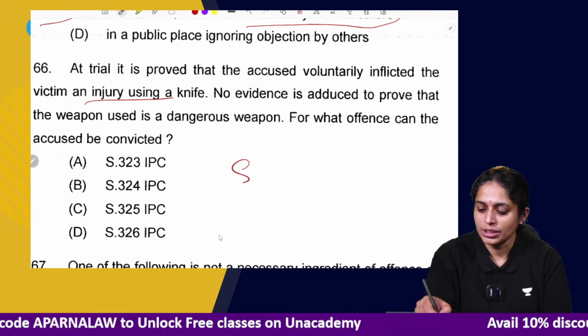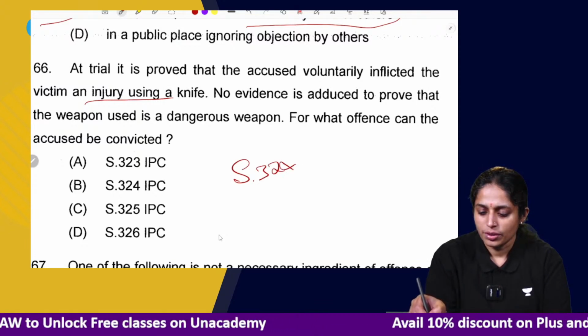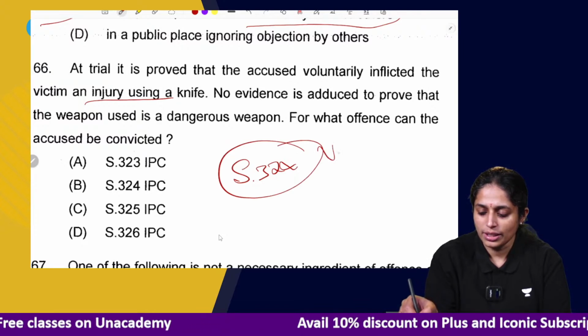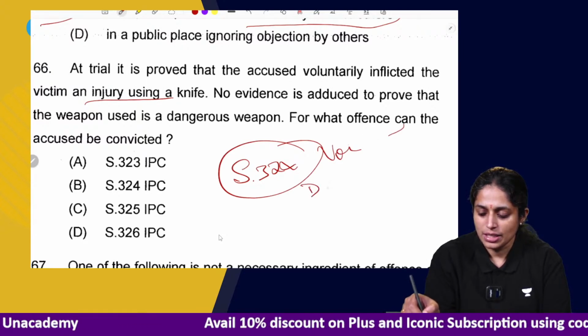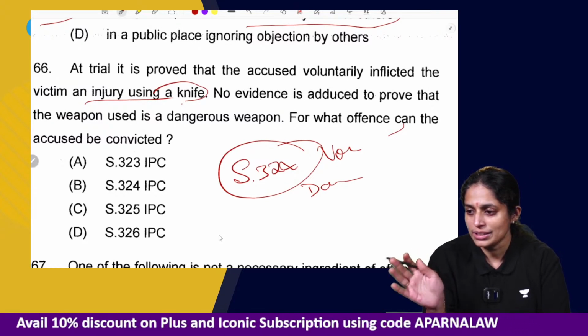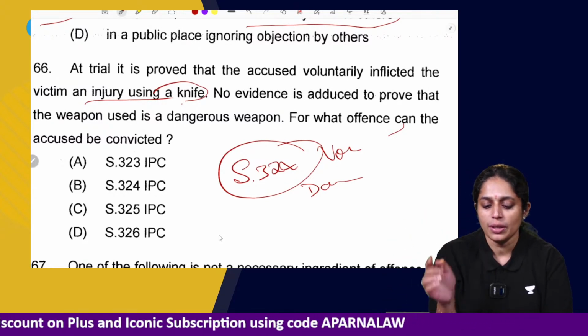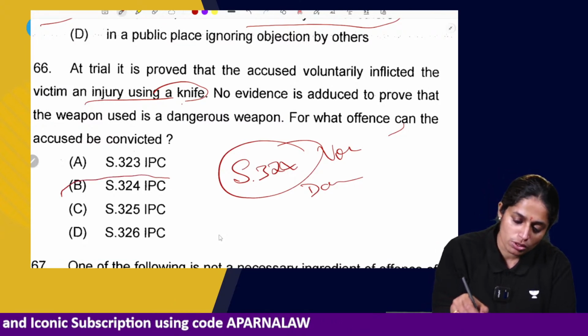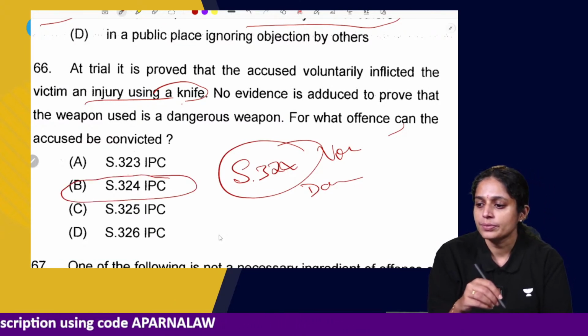It is section 324, where it says voluntarily causing hurt by dangerous weapons, because it's a knife which is used for cutting, stabbing. So many definitions they have given. As per B, Section 324 IPC.